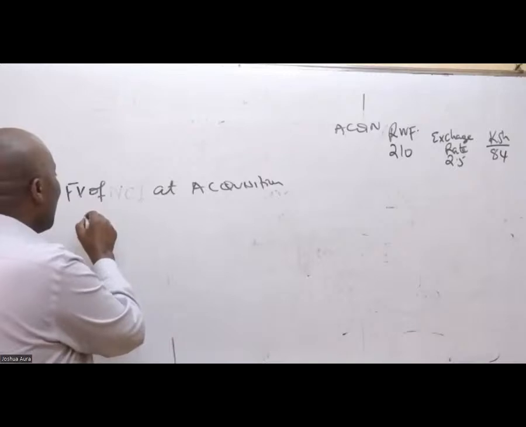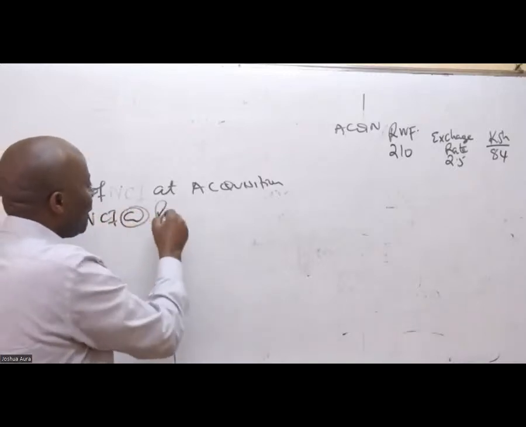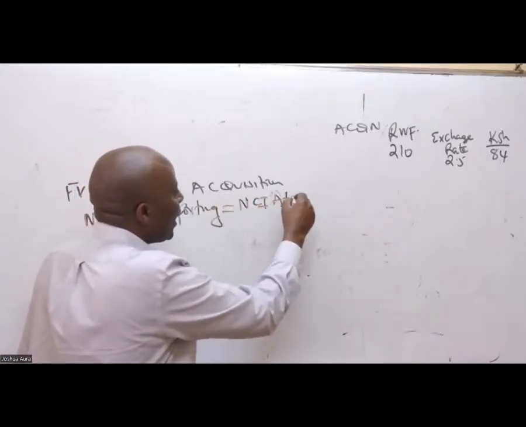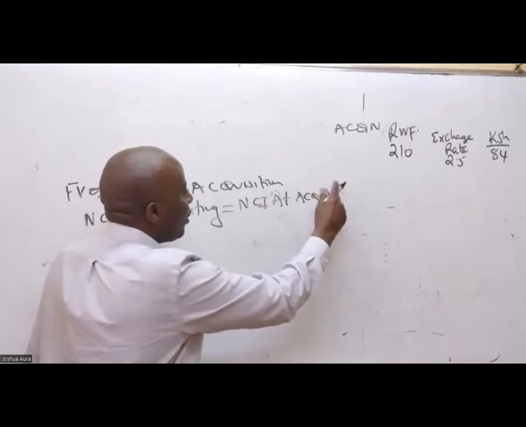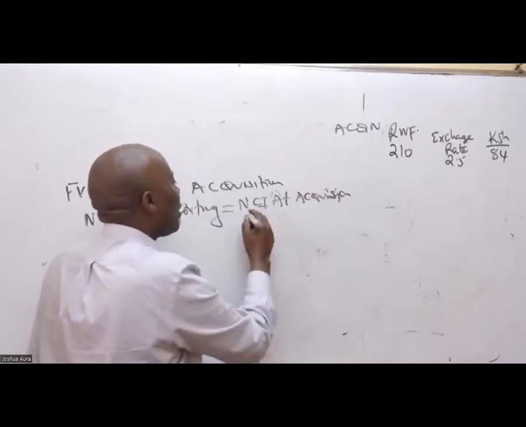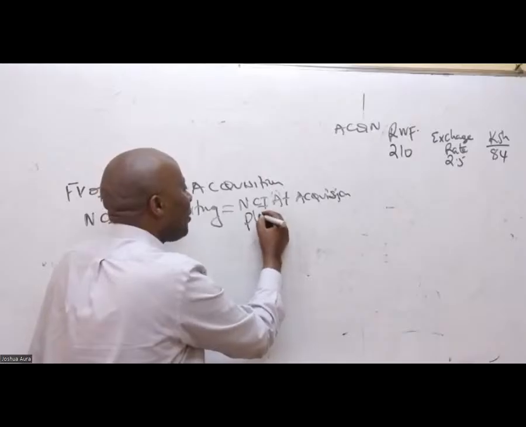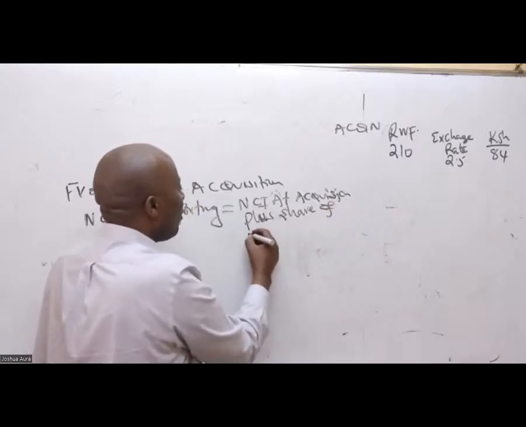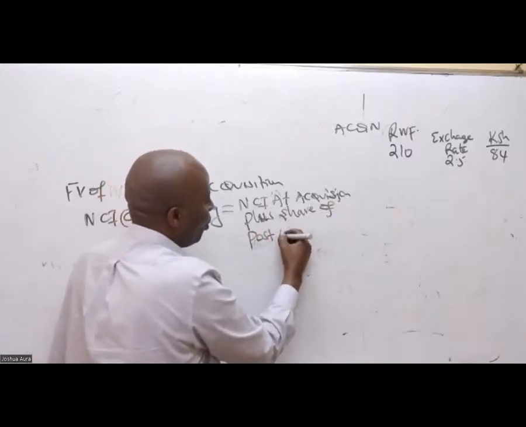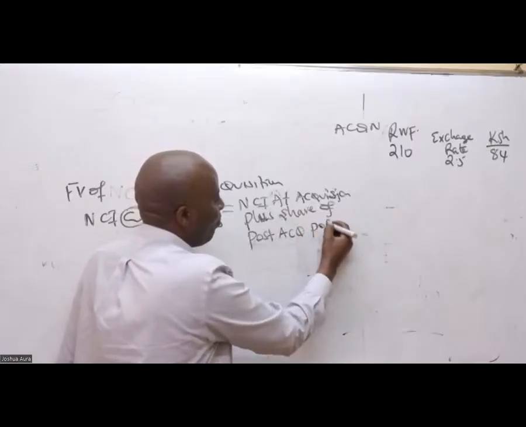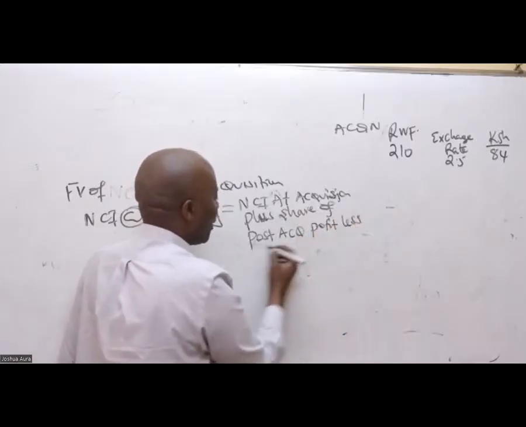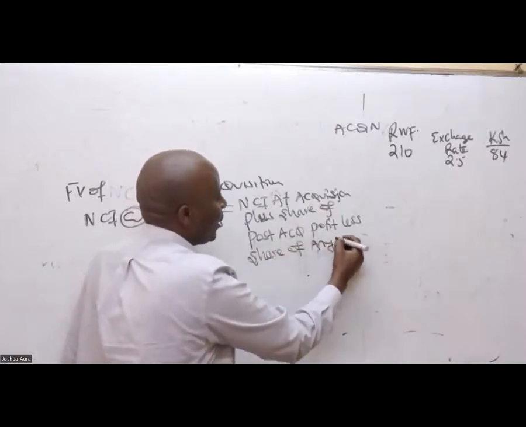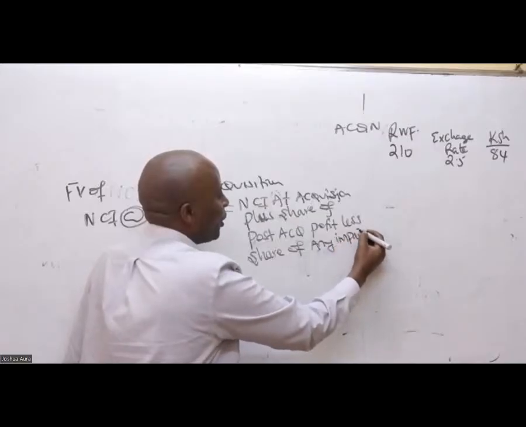So to get NCI at reporting, we normally take NCI at acquisition plus share of post-acquisition profit, less share of any impairment loss.